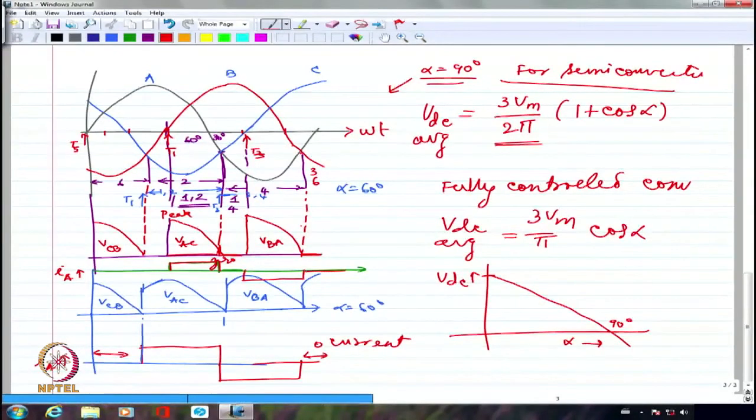Whereas, if I am talking about a semi-controlled converter, it will still be positive even until alpha equal to 180, at alpha equal to 180 degrees only it will become 0. Right? It cannot become really 0 before that. So, I am going to have essentially this becoming 0 only at 180 degrees.